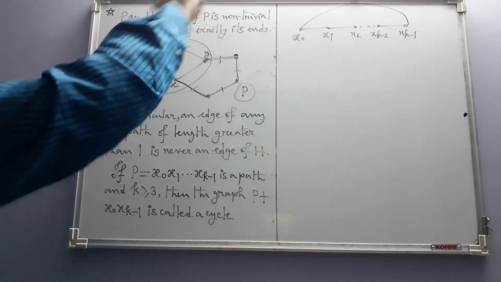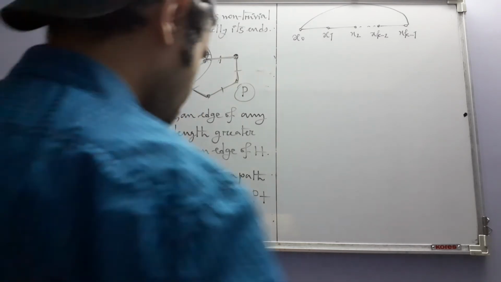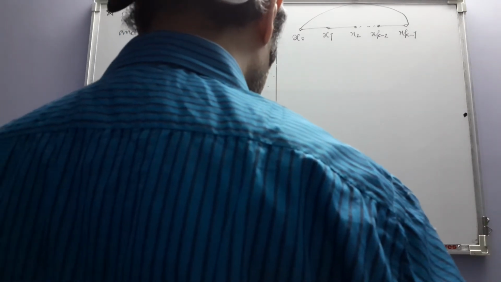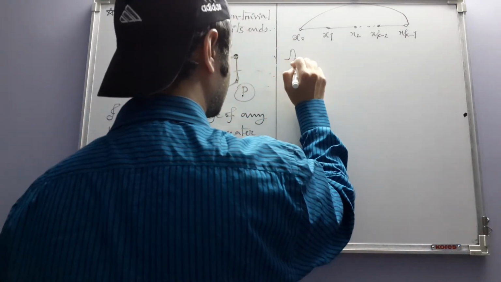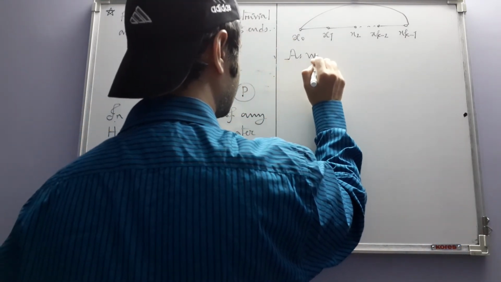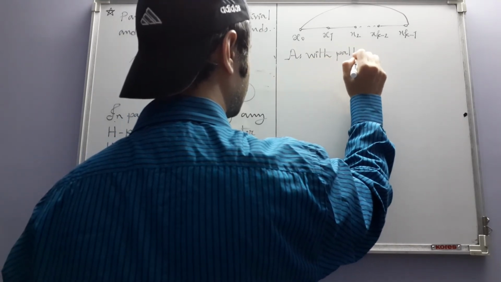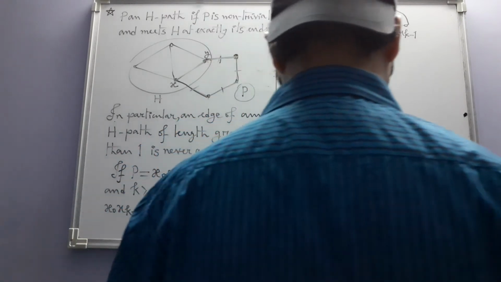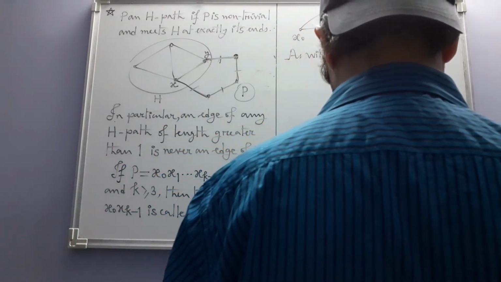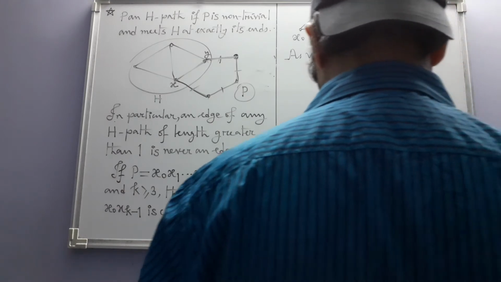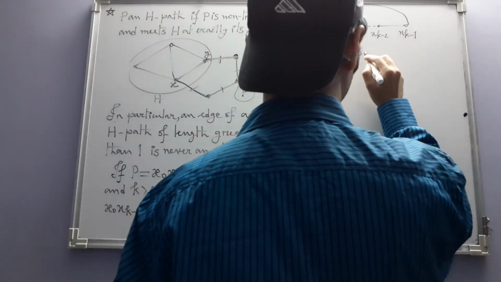It cycles back to where it started. As with paths, we often denote a cycle by its cyclic sequence of vertices.